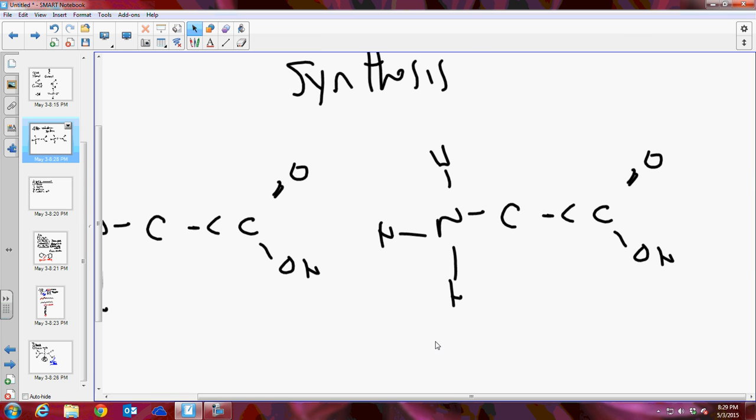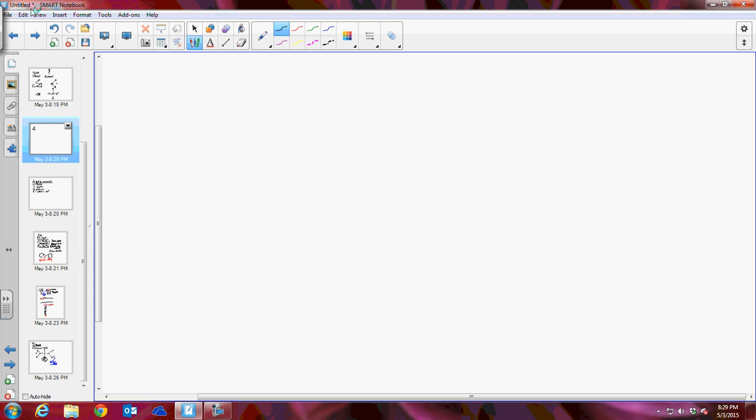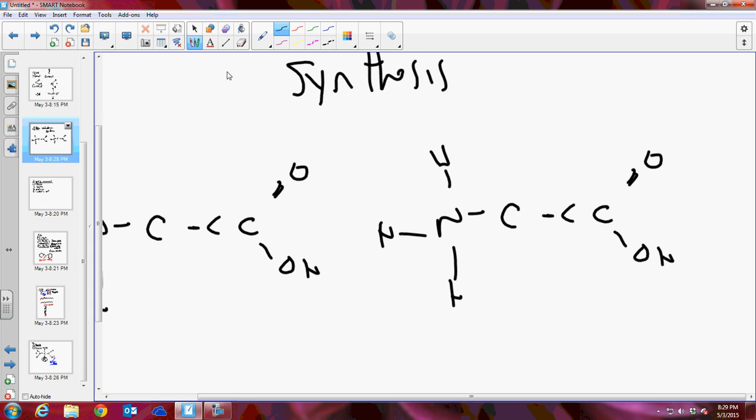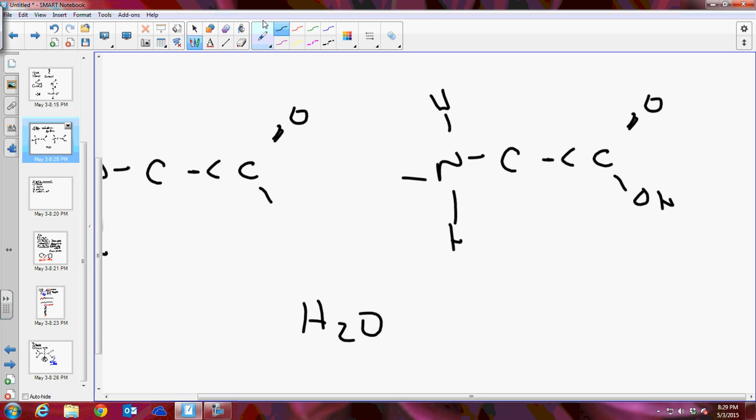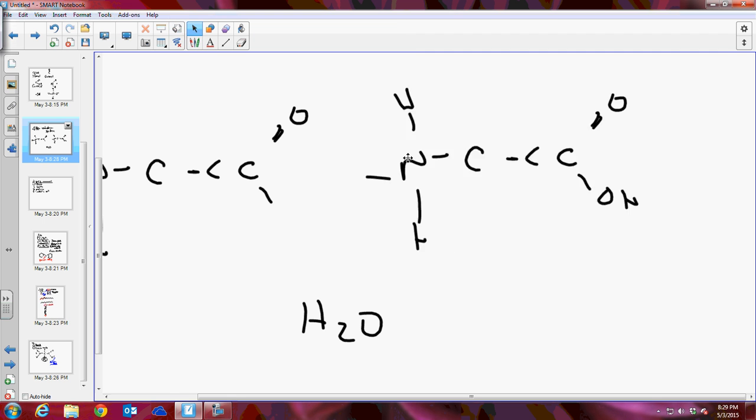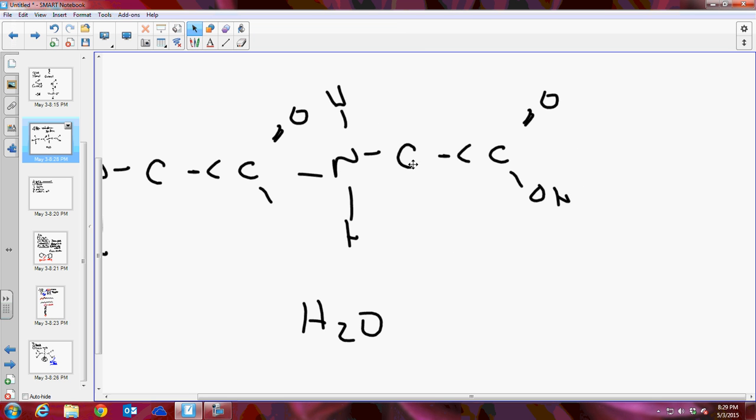And what happens is everything erases and gets undone. What happens is this OH here, and one of these H's here will break off and become an H2O, and then these two will join together. But basically the H2O is taken out, dehydration synthesis, those two pieces are put together.